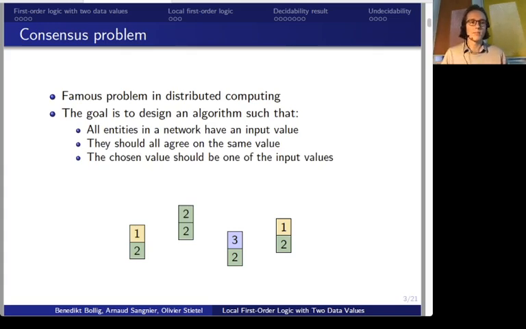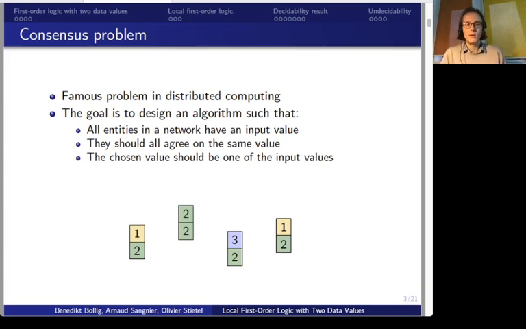As an example, we look at the consensus problem, which is a very well-known problem in distributed computing. The specification is that we have a cloud of computing units, and each computing unit will propose a value, and afterwards they all have to agree on one value among those which have been proposed.